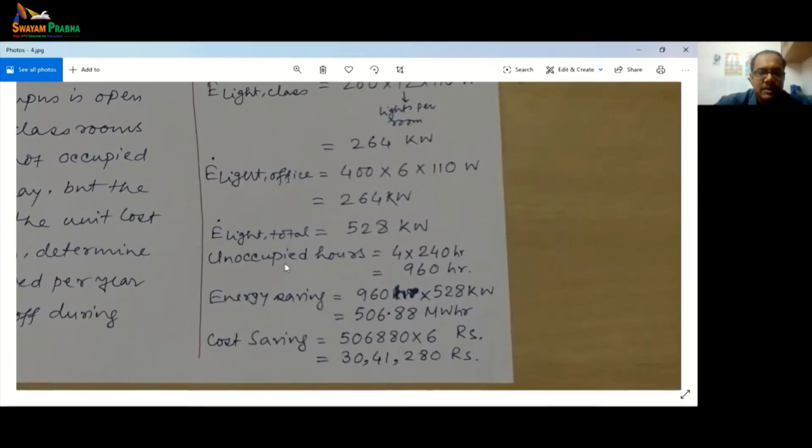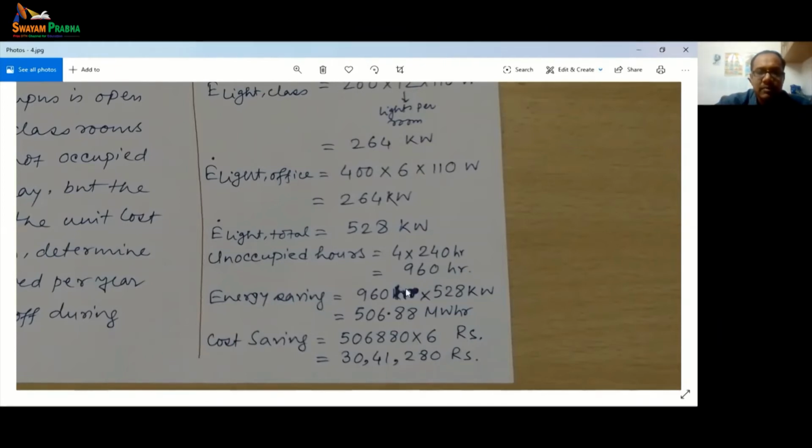Now it is given that every working day the average unoccupied time is 4 hours, and you have 240 working days a year. So basically the unoccupied hours during the working days are 960 hours.